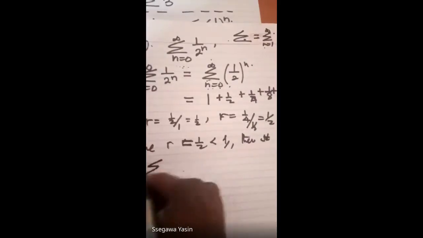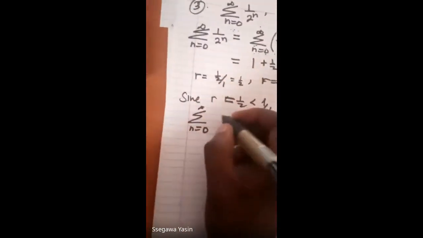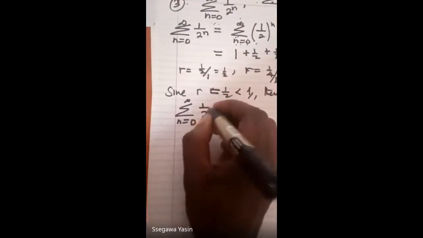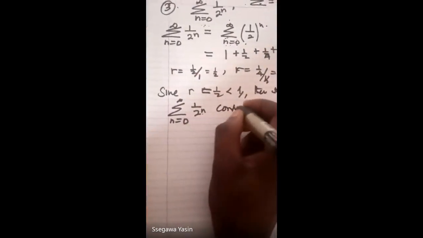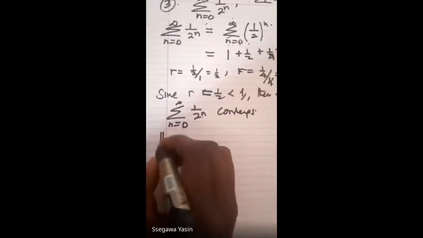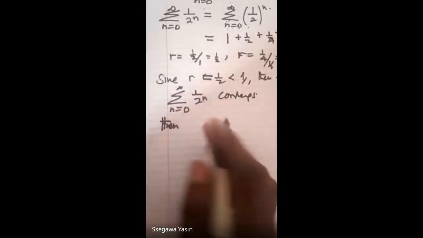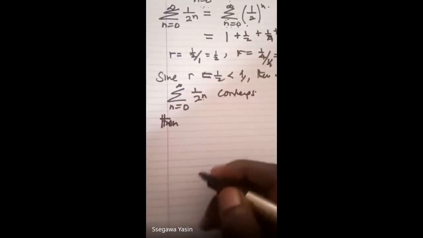Then this sum from n is equal to 0 to infinity of 1 over 2 to the n converges. And since we have seen that it converges, then we have to go further and look for what it is converging to.